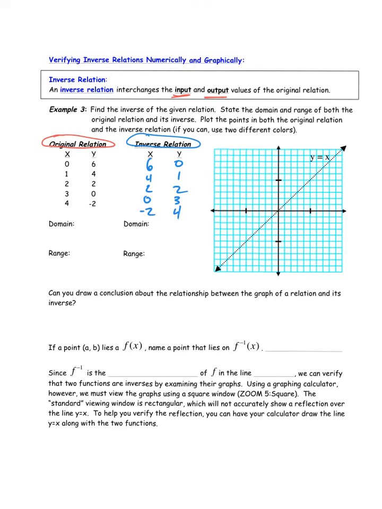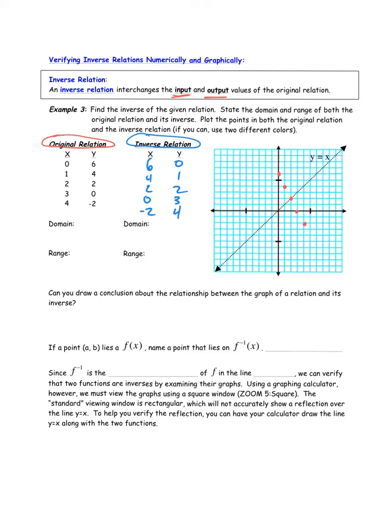I'm going to go ahead and graph the points on the original relation and on the inverse. So the original relation I'm going to plot in red. I'm going to plot the points (0, 6), (1, 4), (2, 2), (3, 0), and (4, -2).